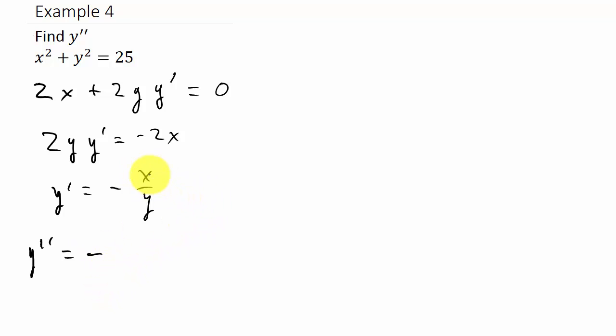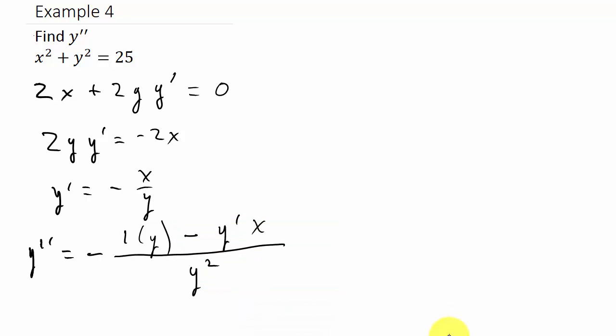Remember, the quotient rule is the derivative of the numerator, which is 1, times the denominator, minus the derivative of the denominator. The derivative of y is 1 times y prime, so that's just y prime times the numerator, x, all over the denominator squared.